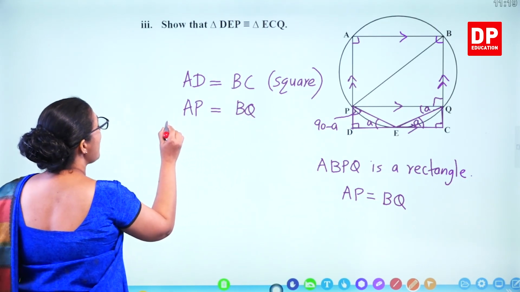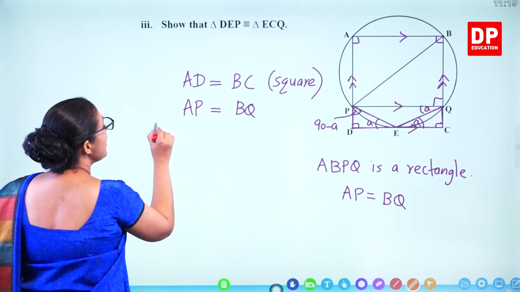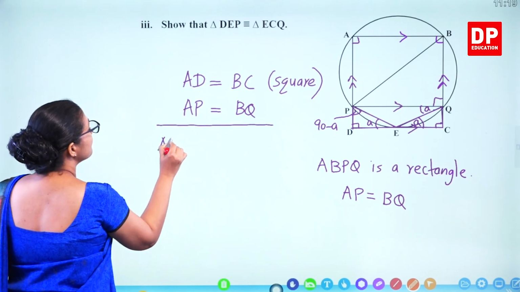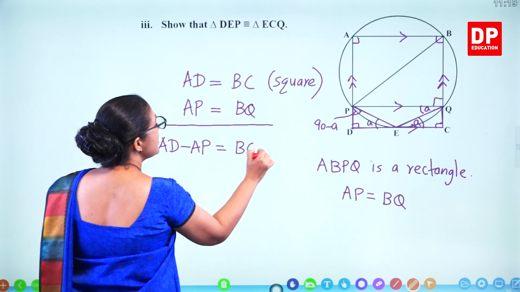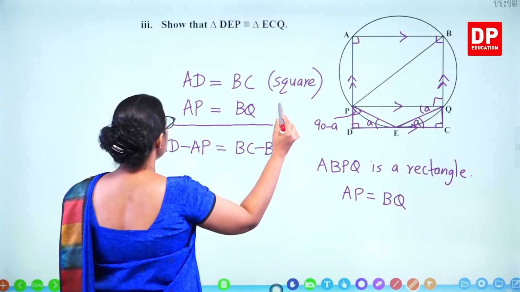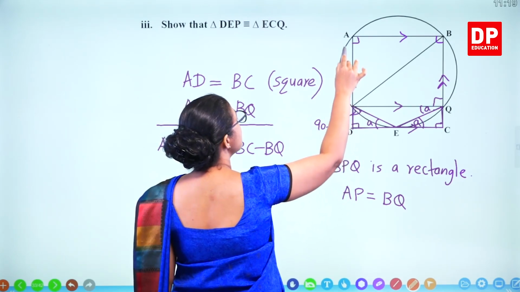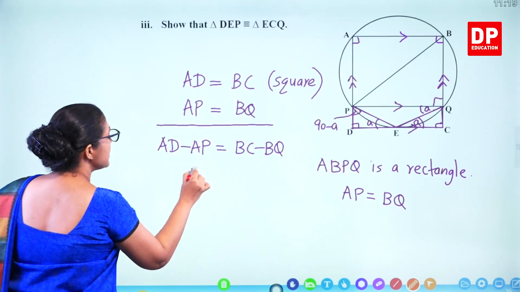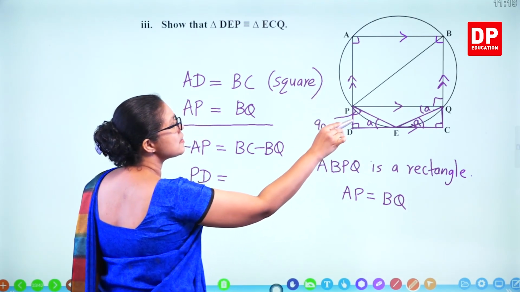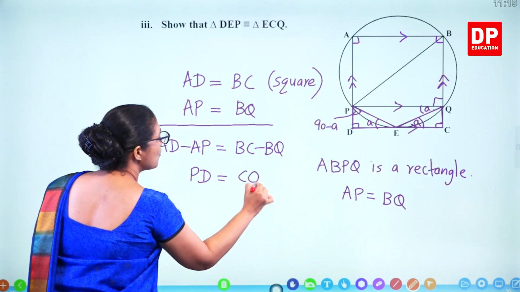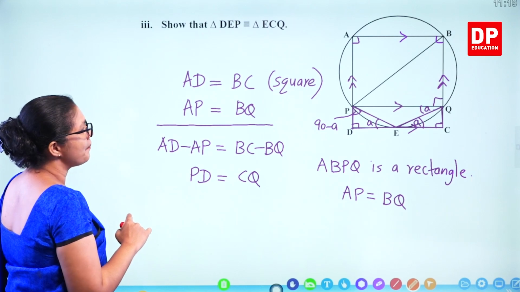So when you subtract these two, AD minus AP is same as BC minus BQ. So what is AD minus AP? That's PD. And BC minus BQ, that's CQ. So these two lengths are equal.